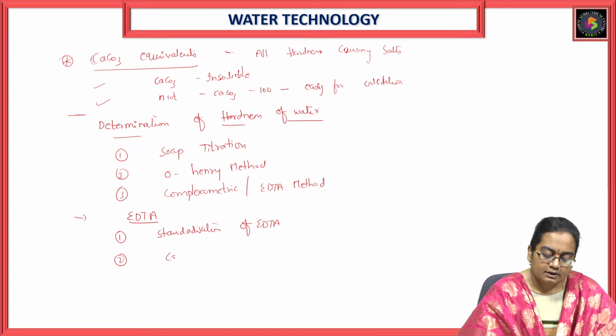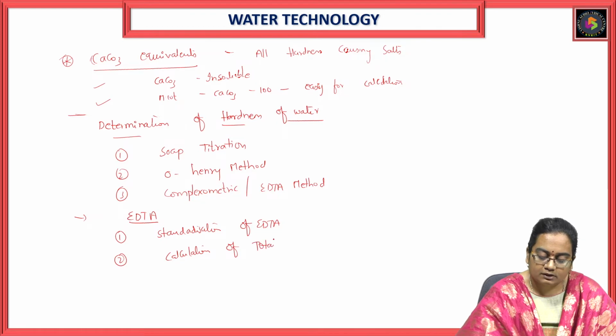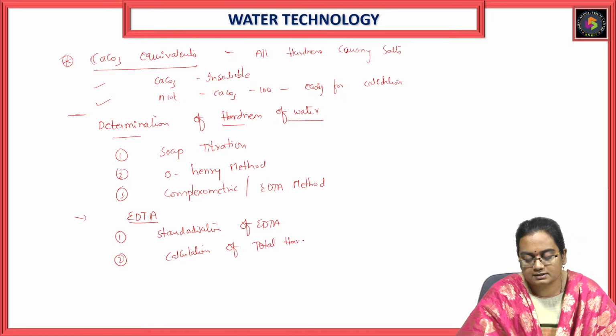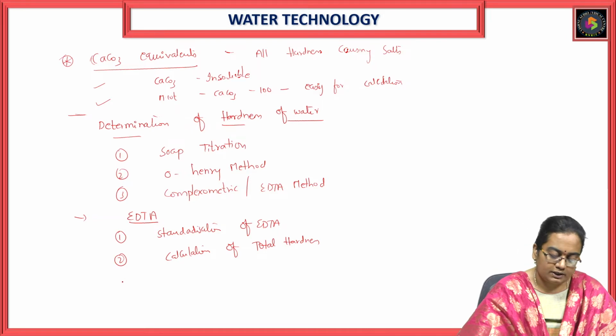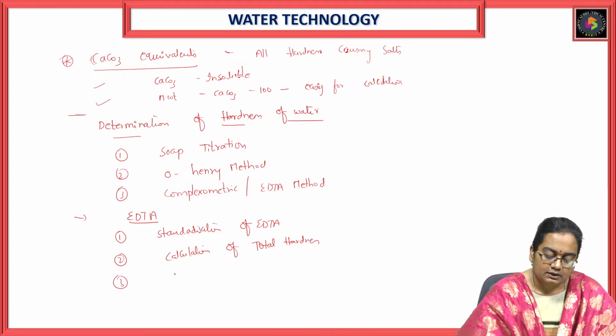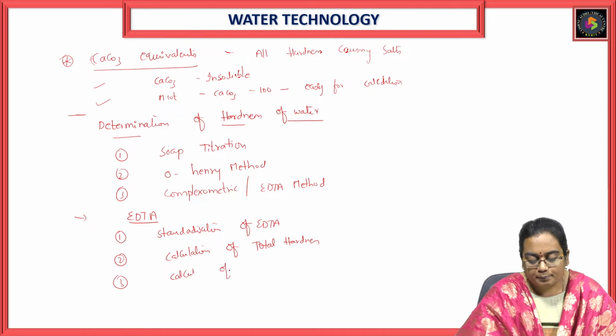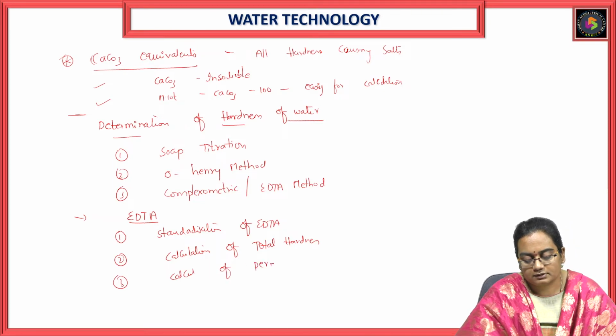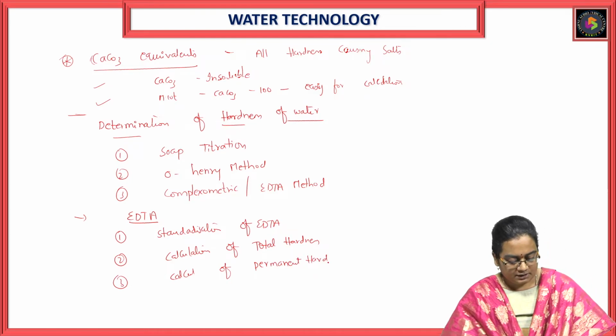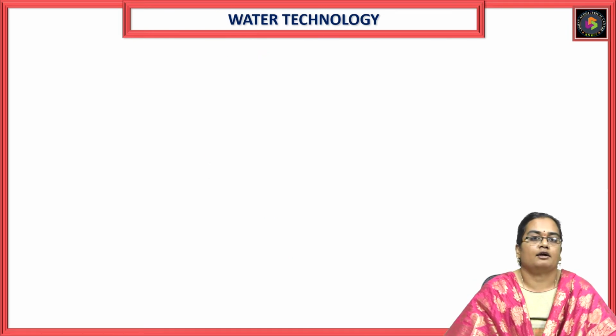Second step, calculation of total hardness of your sample. And the third one, calculation of permanent hardness. There are three different steps we have.